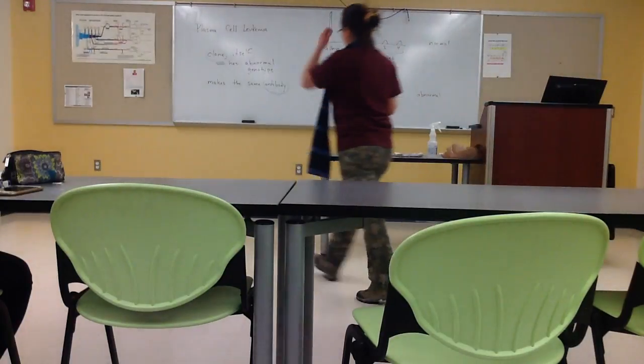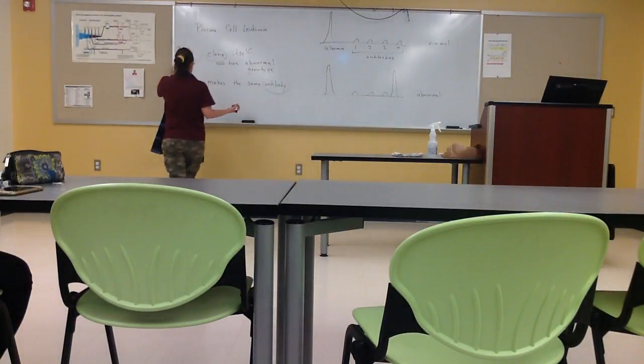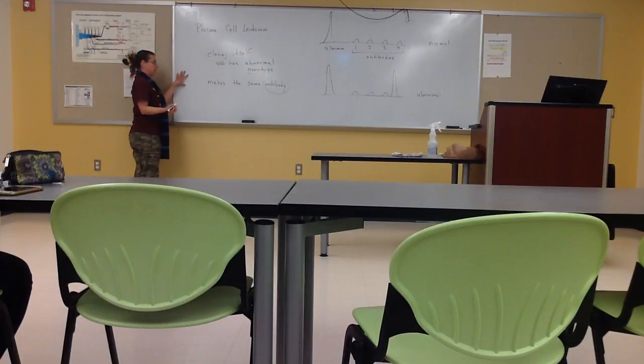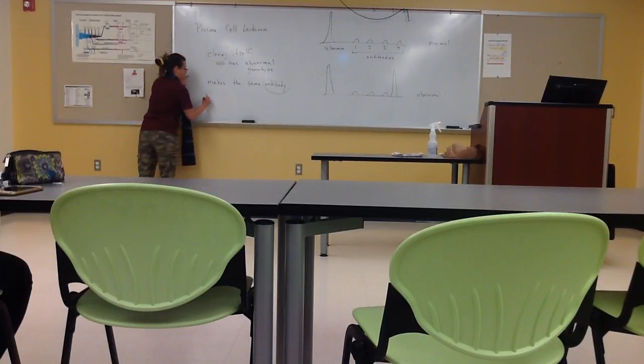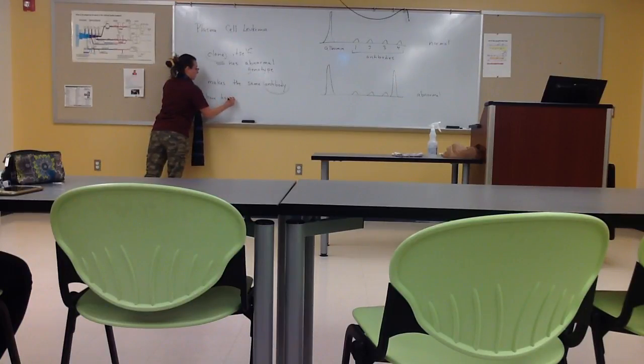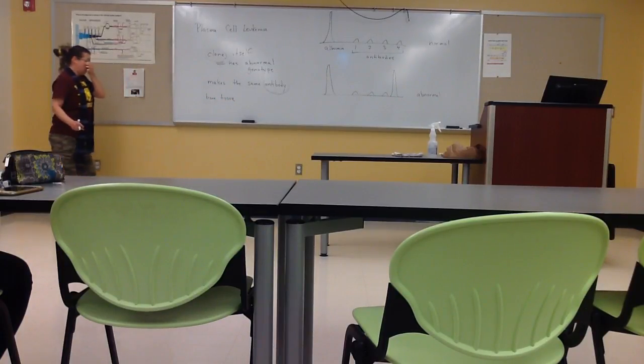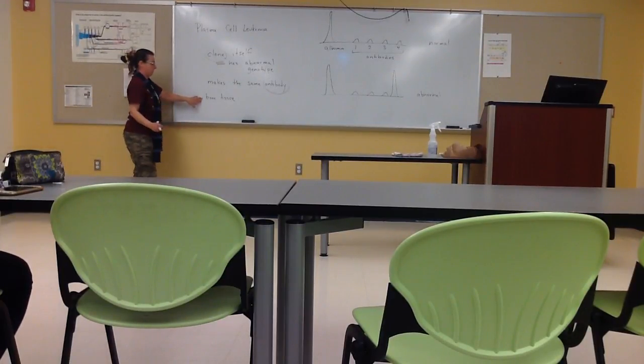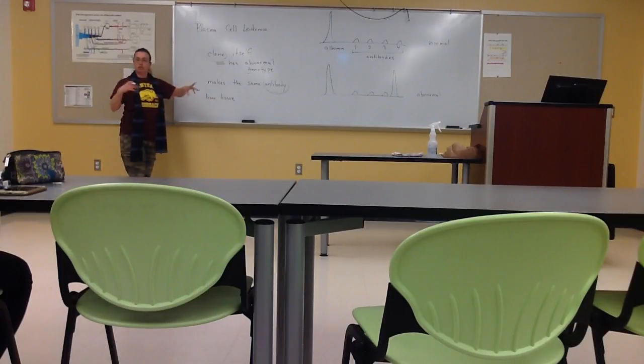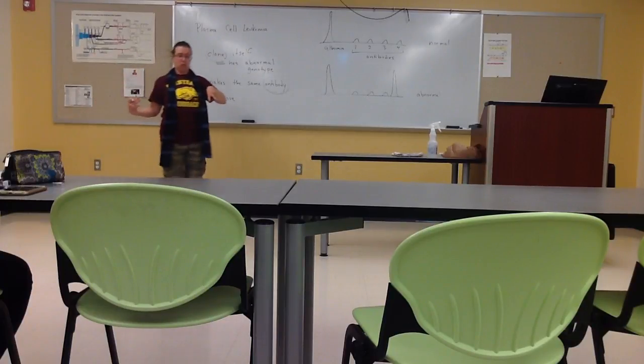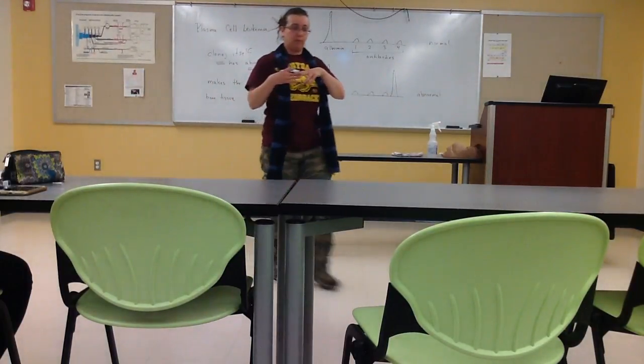Now the other thing with plasma cell leukemia is it actually is going to form its tumor in bone tissue. And since it's forming its tumor in bone tissue, what ends up happening to the bone is where you have this tumor, it starts to break down. And what is bone? Calcium.